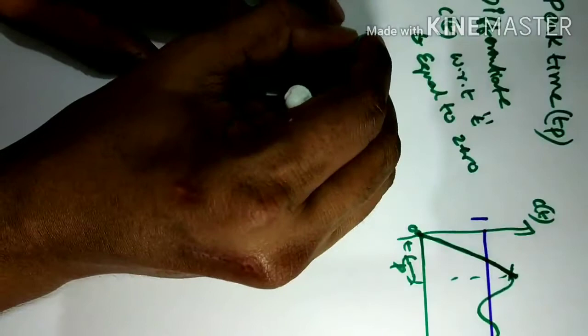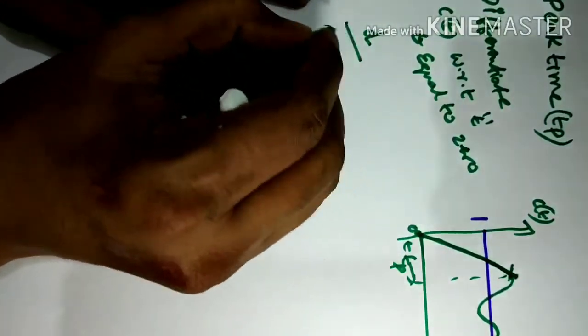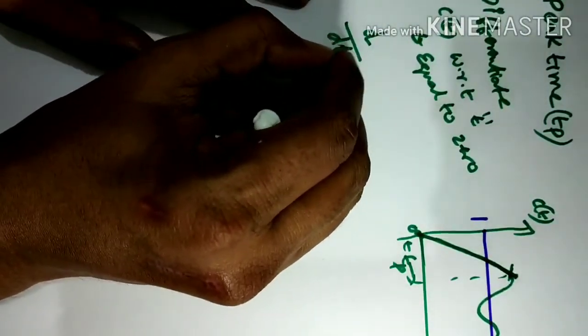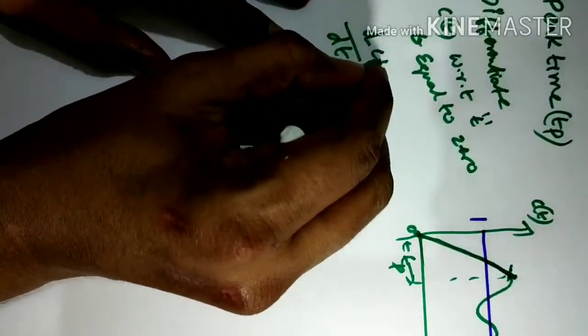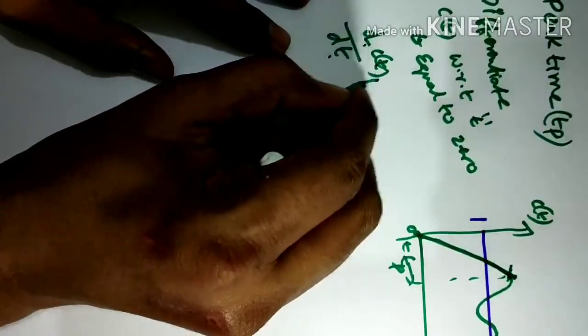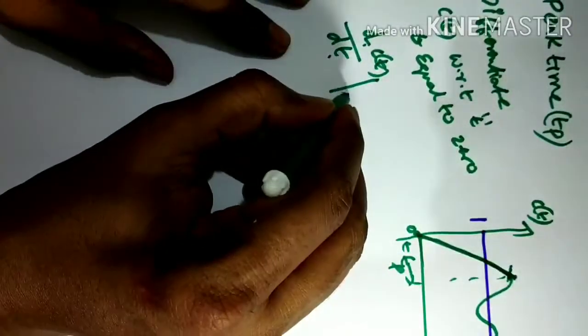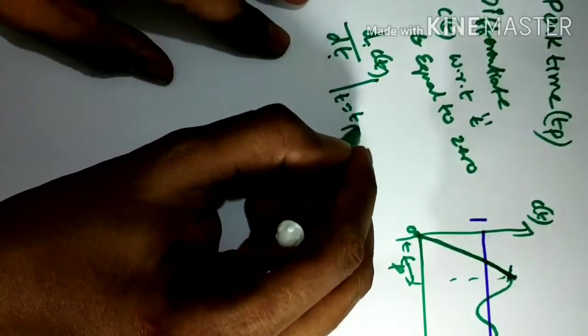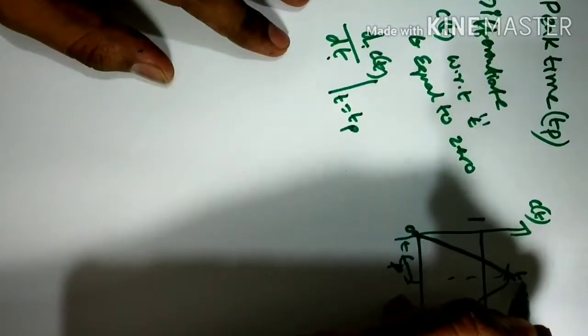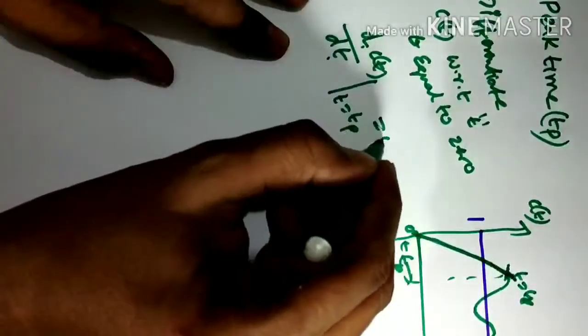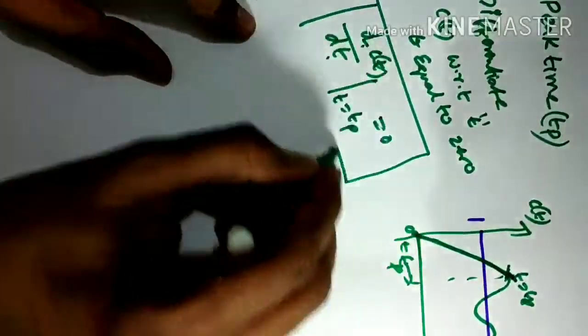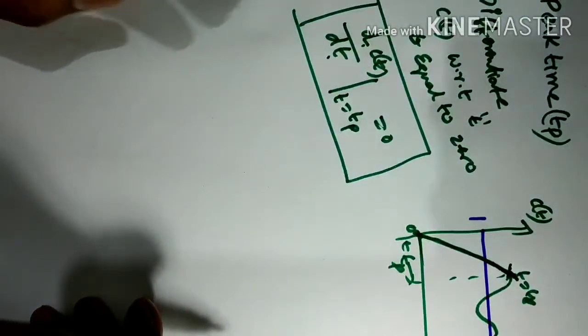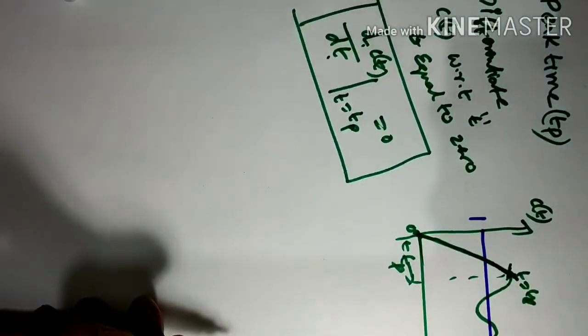It means you differentiate and substitute t equal to tp and make it equal to 0. This is the clue. You have to substitute here.